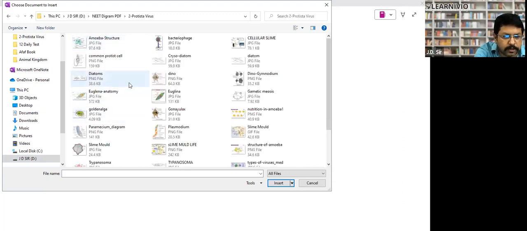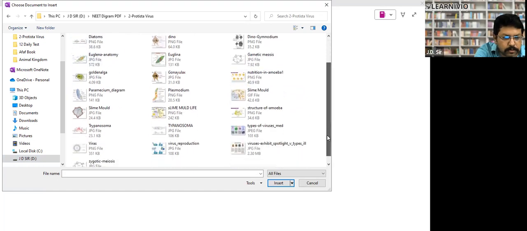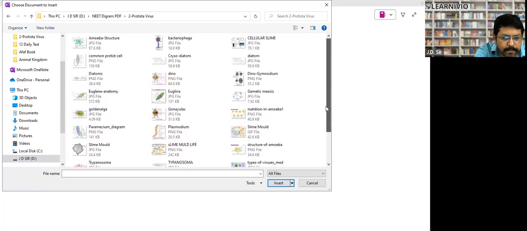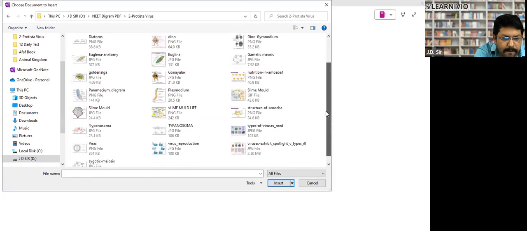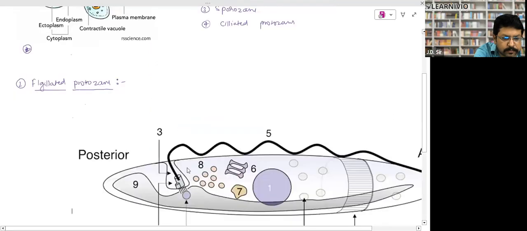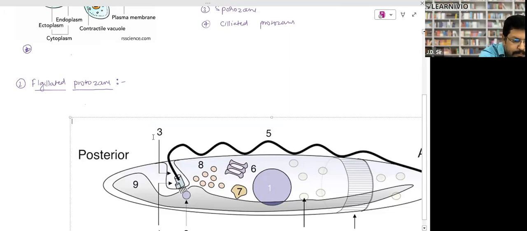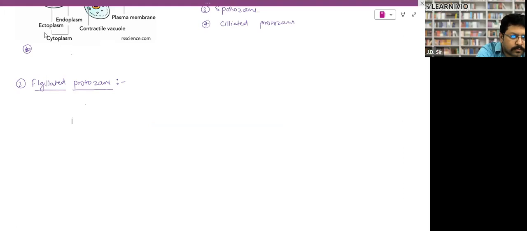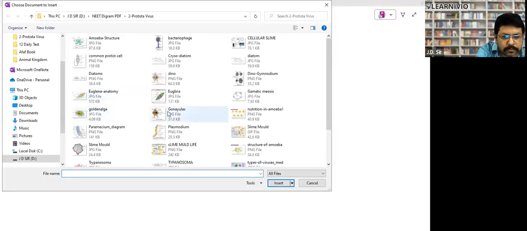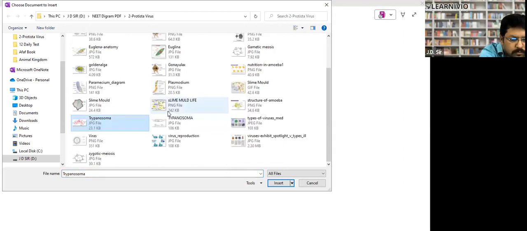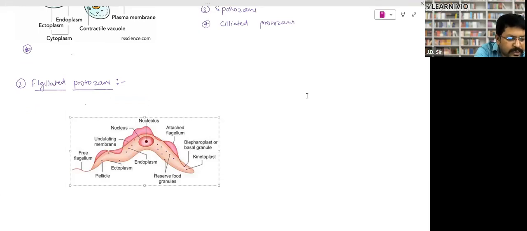Yes, this is the diagram of Trypanosoma gambiense. It is one of the most dangerous diseases found in the African continent.